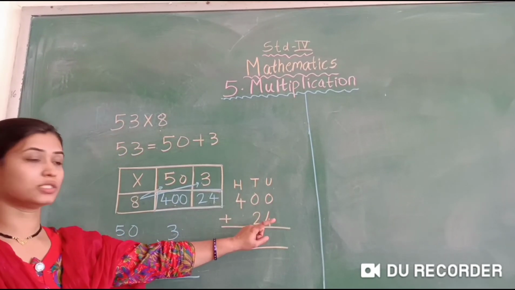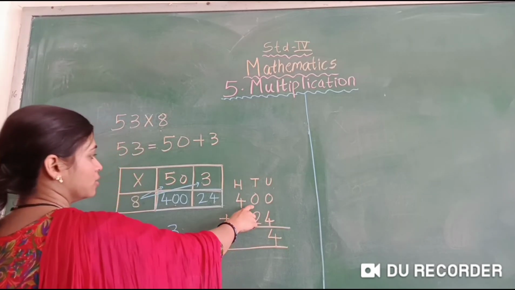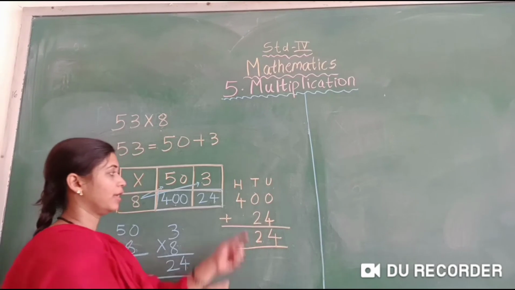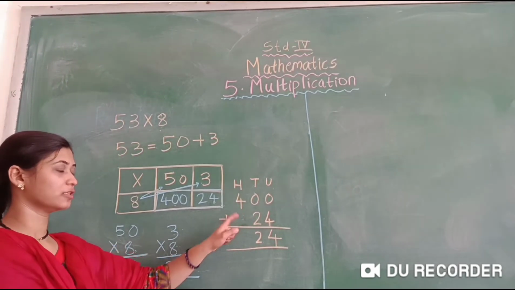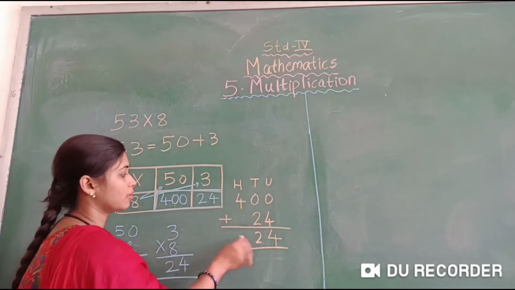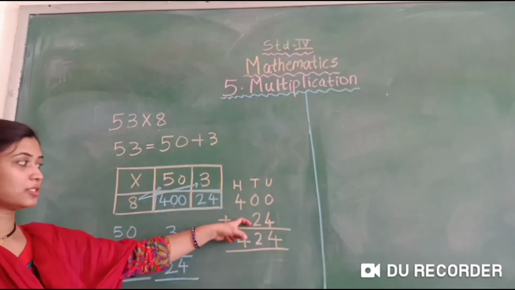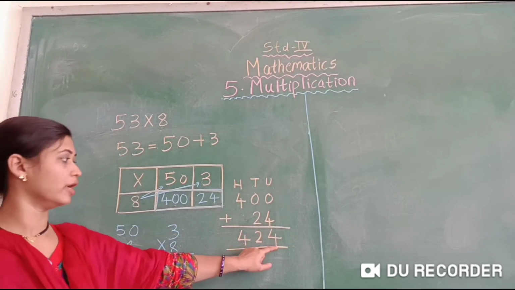0 plus 4 is how much? 4. 0 plus 2 is how much? 2. And under 4, no number is there, nothing is written. Therefore, 4 will be written as it is here. 400 plus 24, the answer we have got here is 424.